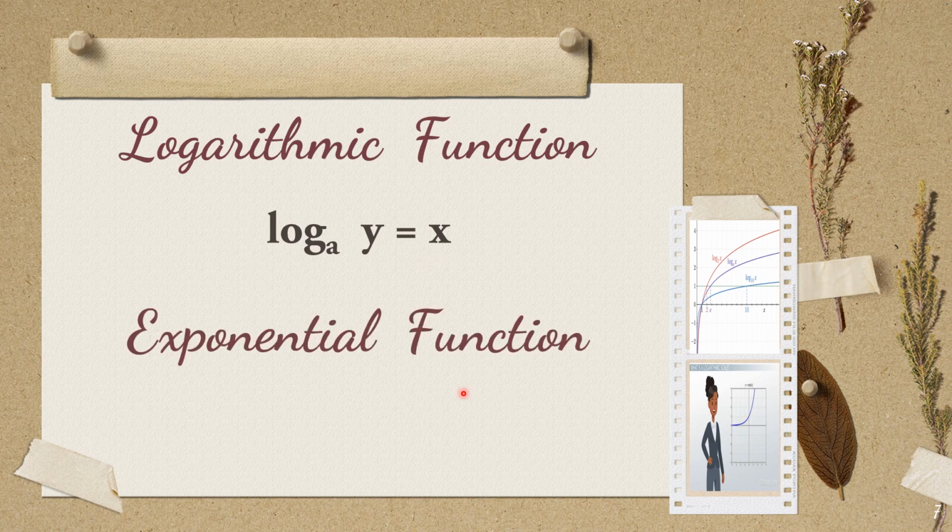To change to exponential function, the base of the logarithm is equal to the base of the exponential, so that is a. So a to the x equals y. So the base of the logarithm is the same base with the exponential. So our exponent, a to the x equals y.